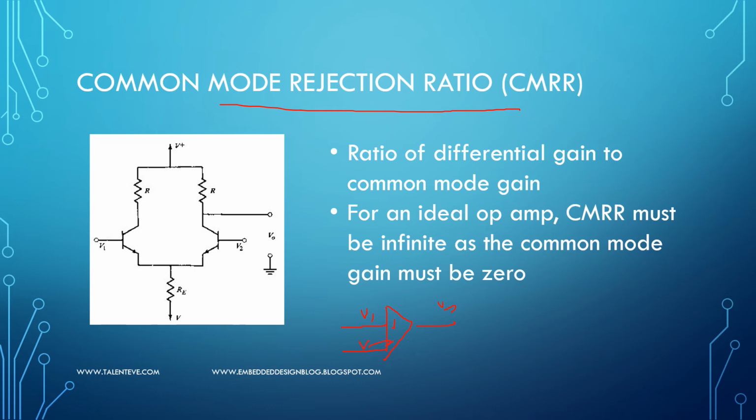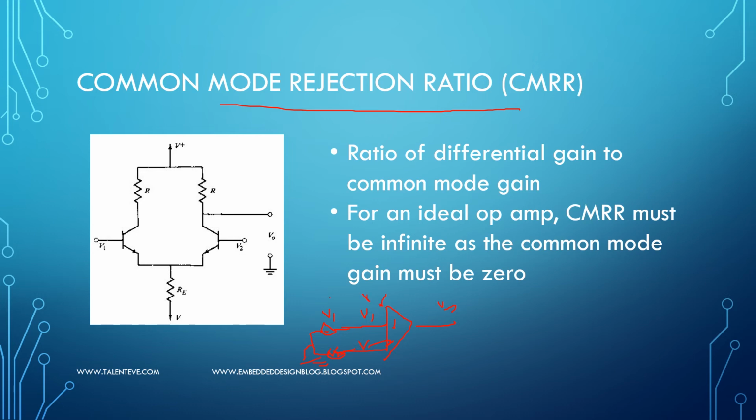We have seen different scenarios of input, where one is a differential configuration where you give V1 and then you give V2. So now this V1 minus V2 is given, which is Vd, and then you get an output.